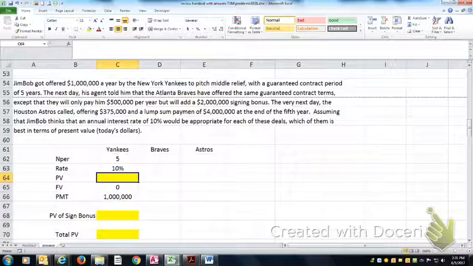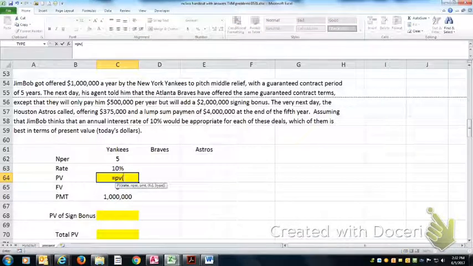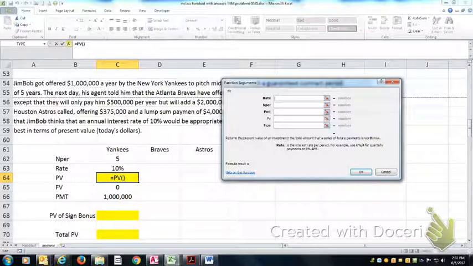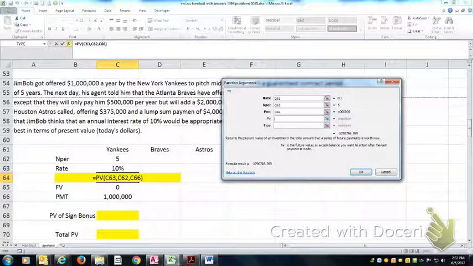All right, so in present value terms, equals PV, open parens, and then click on the FX button up here to get to the dialog box. Rate, number of periods, payment, and the future value is 0, and hit the OK button.